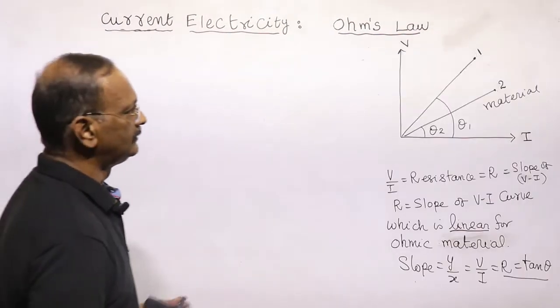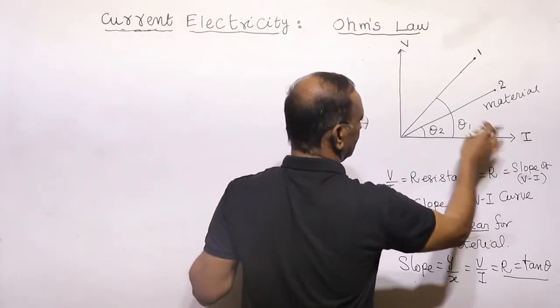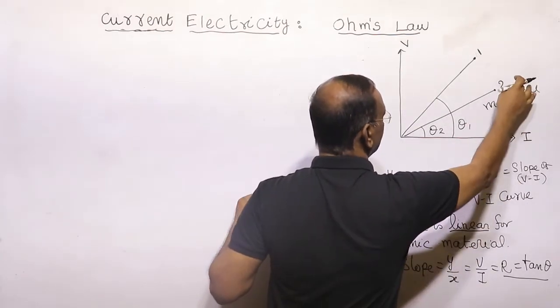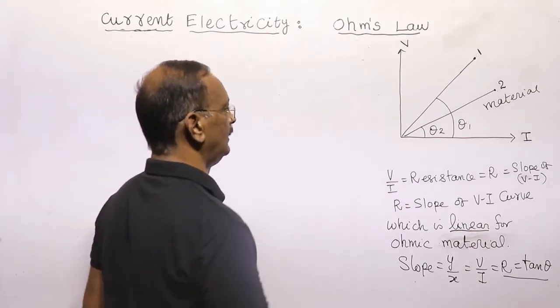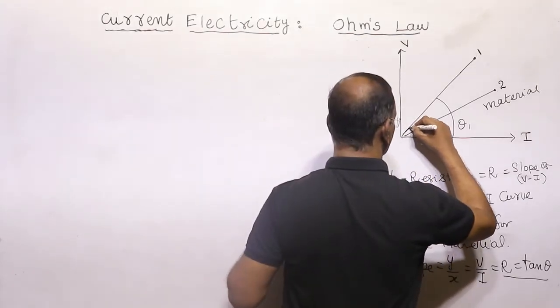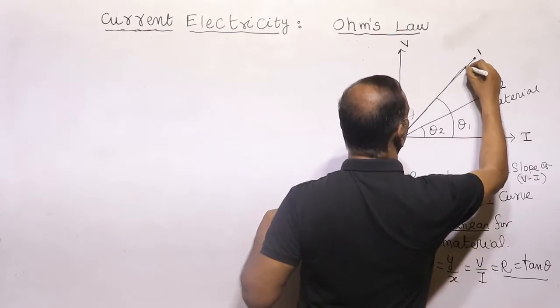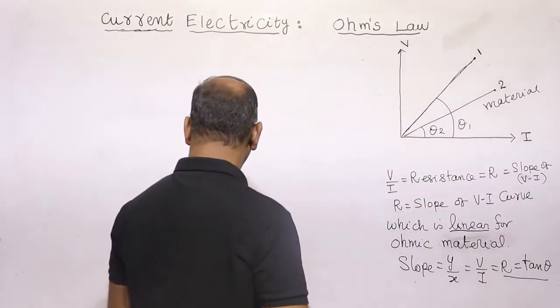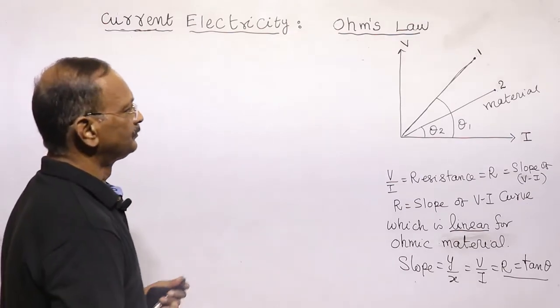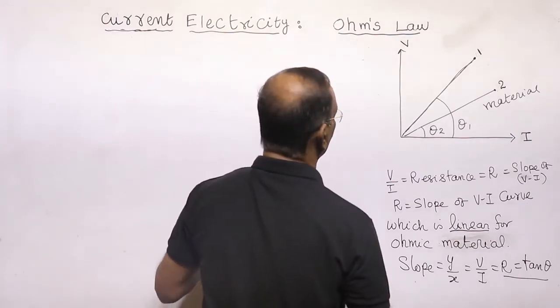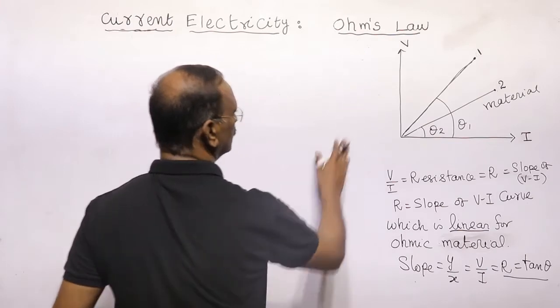Now here the VI characteristics of two materials, material 1 and material 2, are given, with material 1 having this slope and material 2 having that slope. We have to see which one has more resistance.